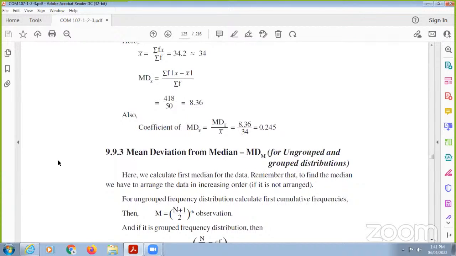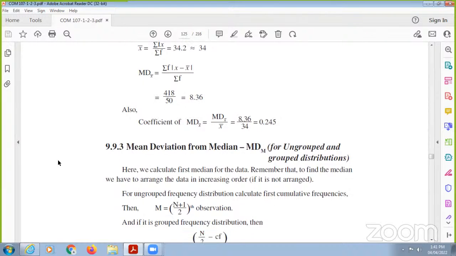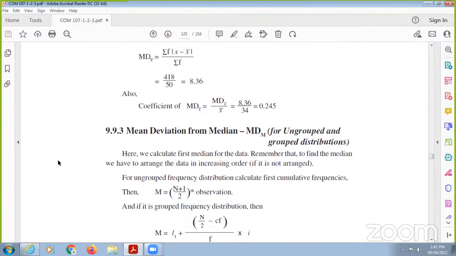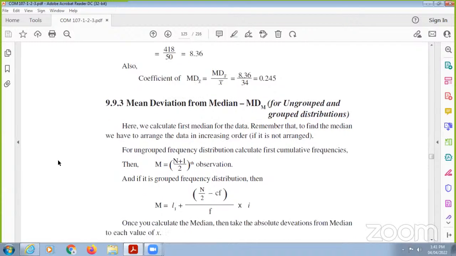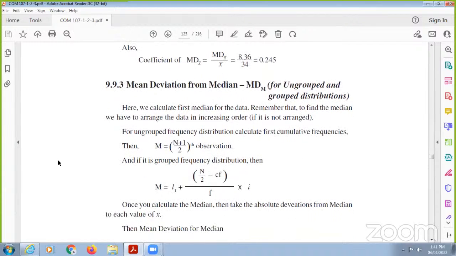Then median is equal to the (n plus 1) upon 2 th observation. And if it is grouped frequency distribution, then we have to use this formula. Median is equal to l1 plus into bracket n upon 2 minus cumulative frequency bracket complete upon frequency multiplied by i. That means difference of classes.